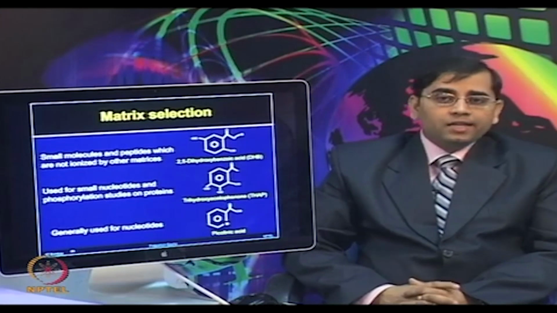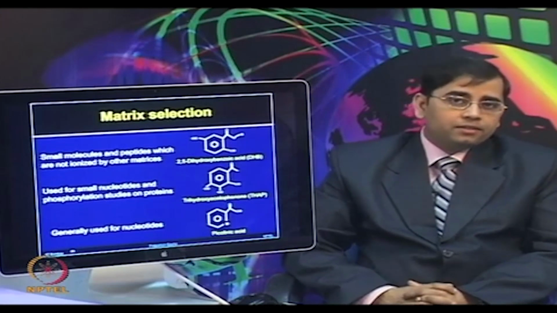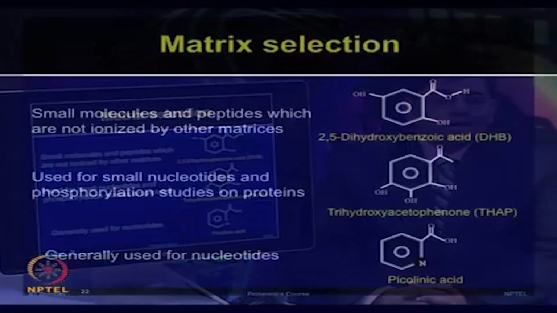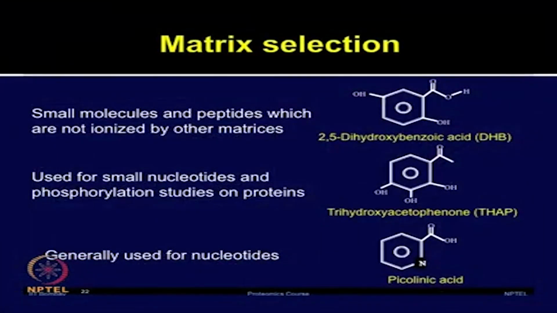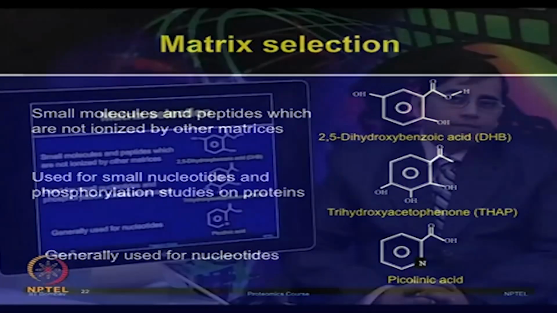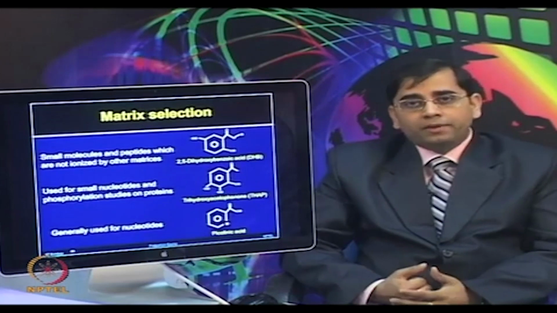Then you have options such as 2,5-dihydroxybenzoic acid, also known as DHB; small molecules and peptides which are not ionized by other matrices can be analyzed by using this matrix. Trihydroxyacetophenone, THAP, is used for small nucleotides and also for phosphorylation and specialized applications. Then we have picolinic acid, which is generally used for nucleotides.